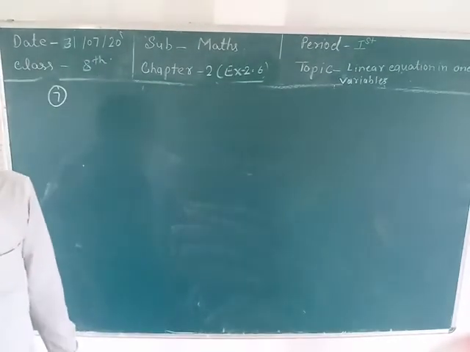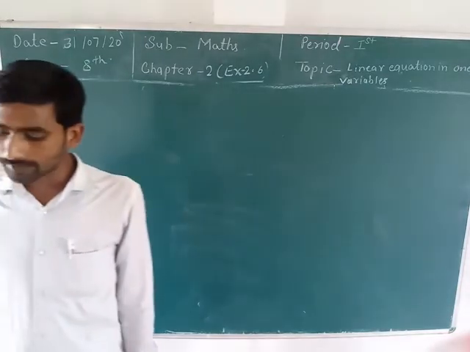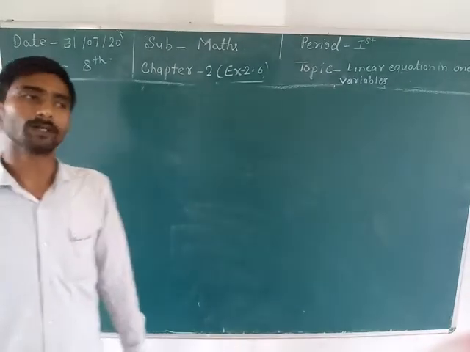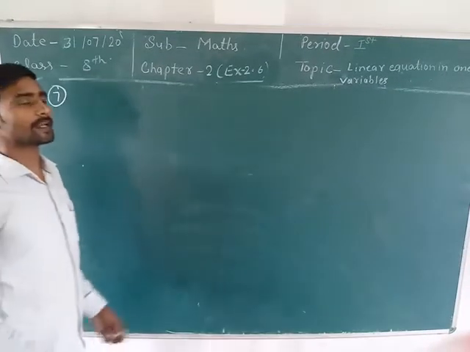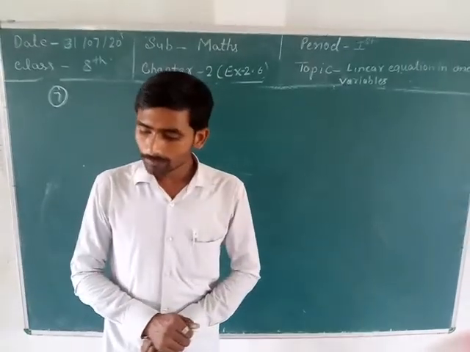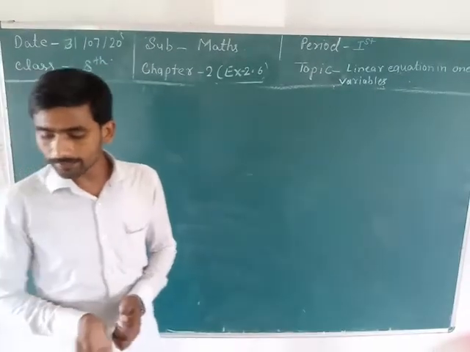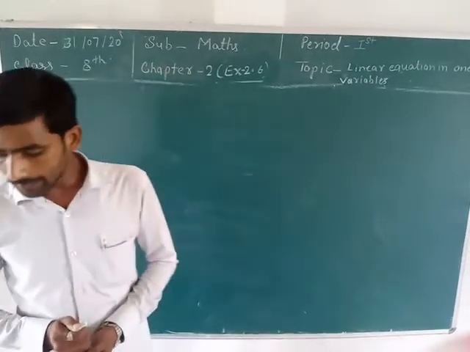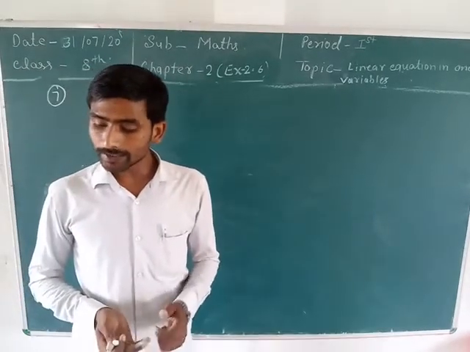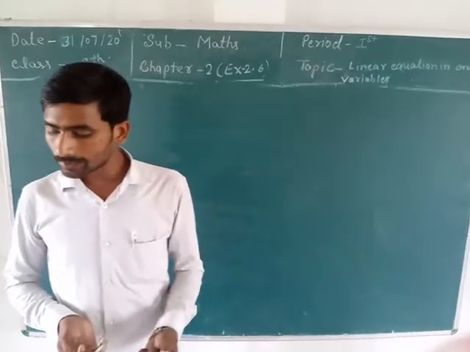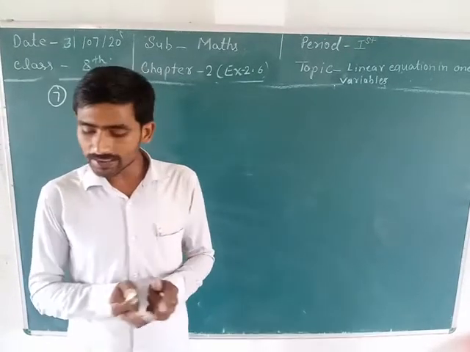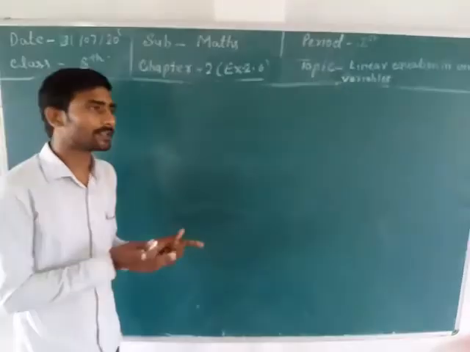If the numerator is increased by 17 and the denominator is decreased by 1, the number obtained is 3/2. Find the rational number. Means we have to find a rational number in which the denominator is greater than the numerator by 8. If we increase the numerator by 17 and decrease the denominator by 1, then we obtain the rational number 3/2. So we have to find the rational number.